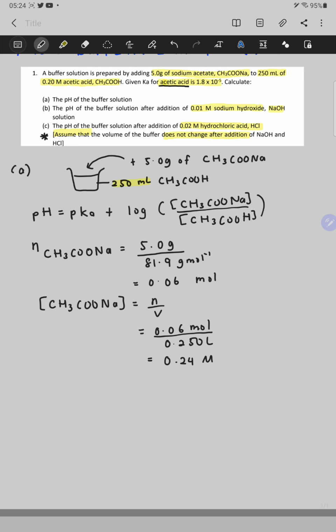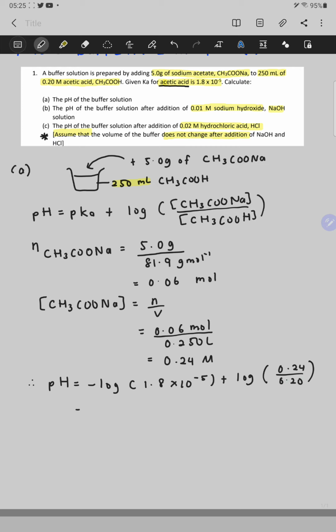Okay, right. Then, baru you guys akan substitute semula dalam formula Henderson-Hasselbalch equation. So, you know pKa is negative log Ka. So, it will be negative log 1.8 exponent negative 5 plus log concentration of 0.24 over concentration of weak acid given 0.20.